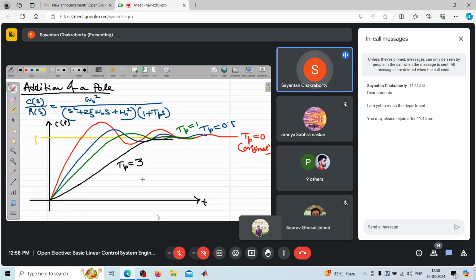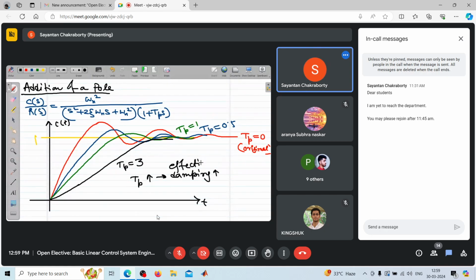See what is actually happening as Tp is increasing, damping is increasing. And I should not say damping, effective damping is increasing. So the system has become more and more like overdamped, right?